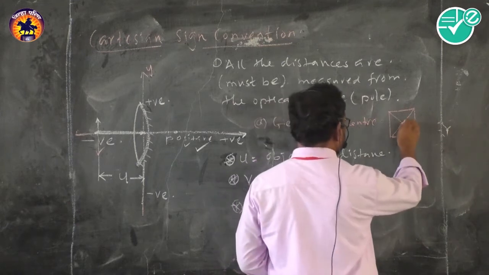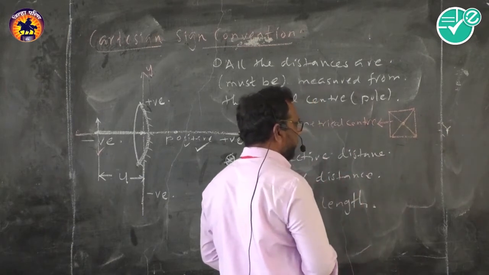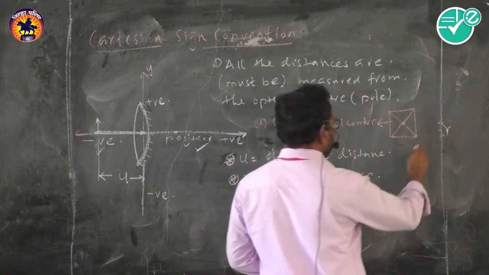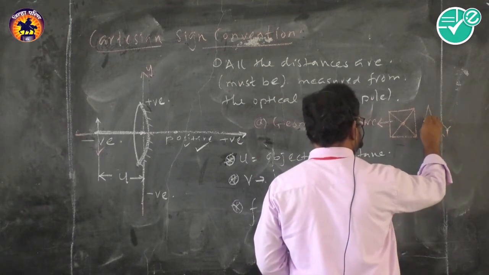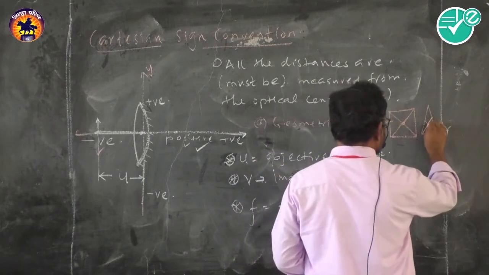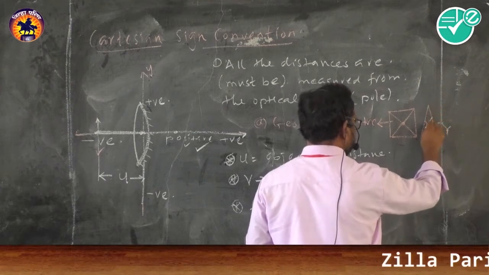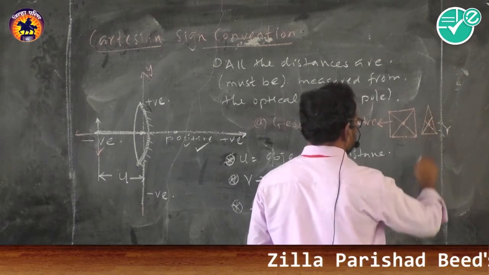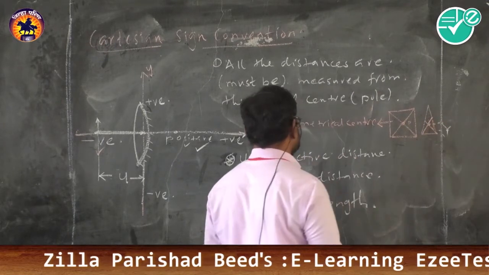So this type of center is called the geometrical center. Like this, another figure, a triangle. If I draw symmetrical lines, then I get a point here which is equidistant from all the corners of the figure. So this point P is also a geometrical center.